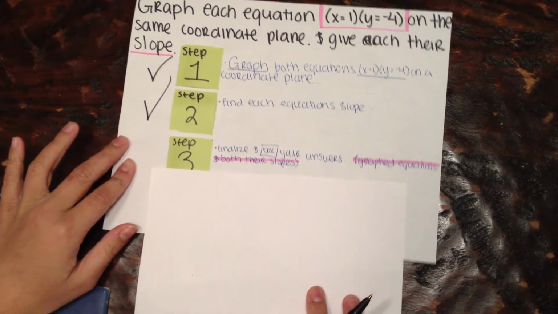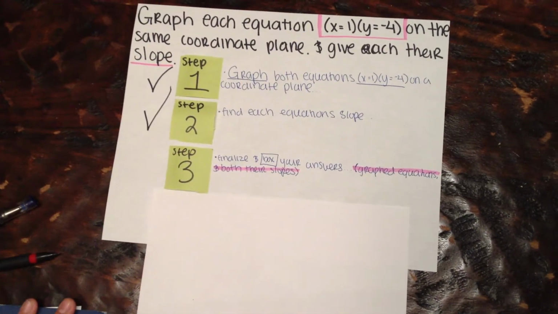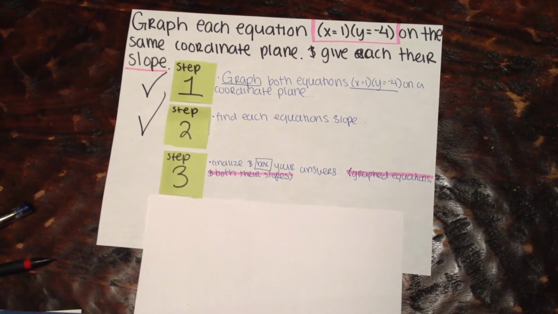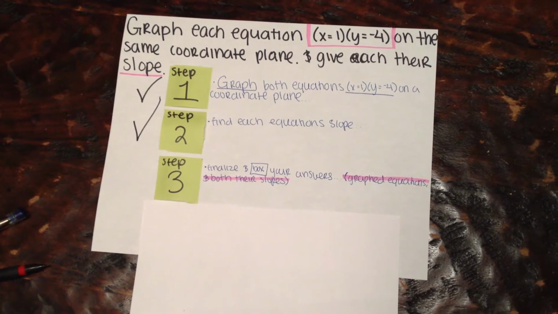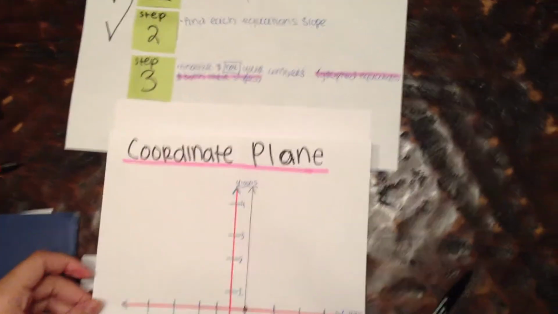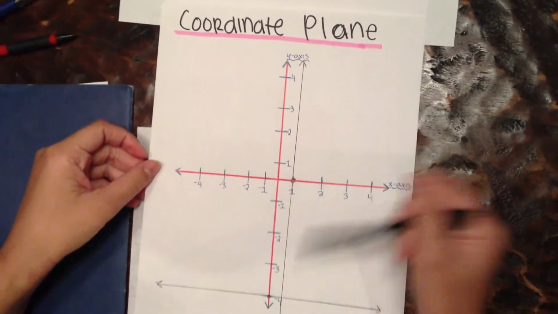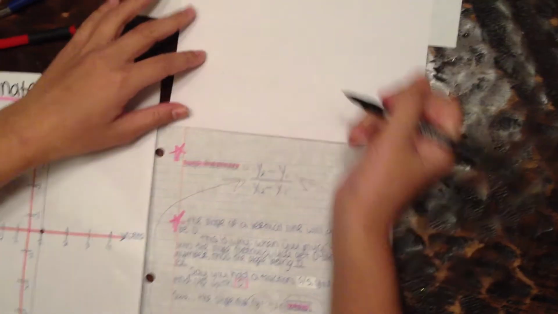Now, step 3 is the final one: finalize and box your answers, which are the graphed equations and both their slopes. So here is the graph, both the equations graphed in a coordinate plane, and here are the slopes.